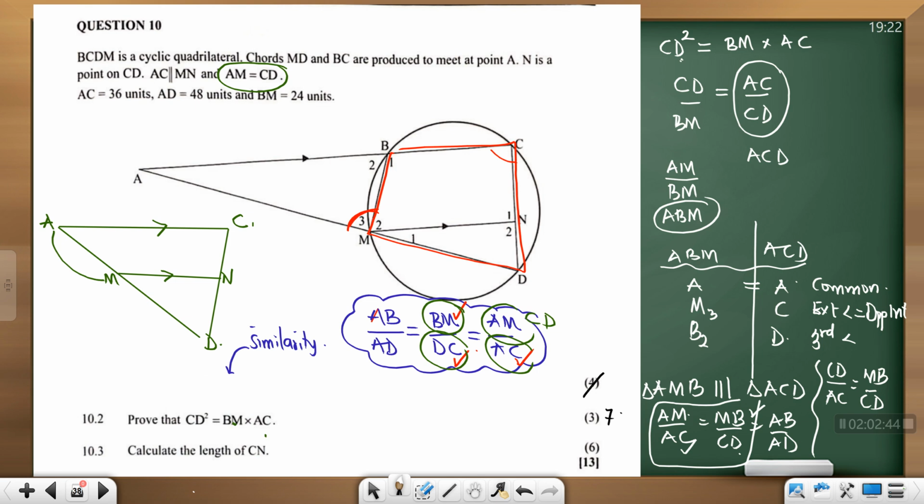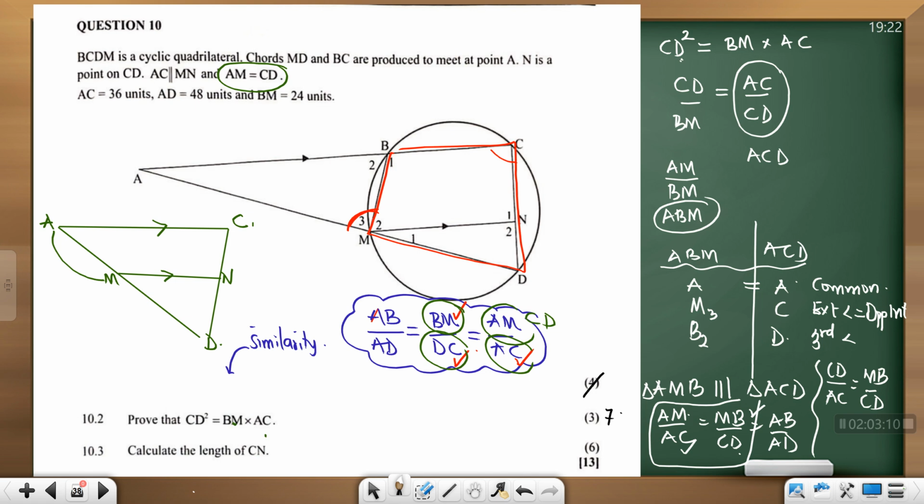So if I decided to work from where you have triangle ABM is similar to triangle ACD, and then I just did AM over AC equals MB over CD, and then I just have CD over AC equals MB over CD, instead of having that whole list. No. You cannot prove that those triangles are similar if you don't have that list.